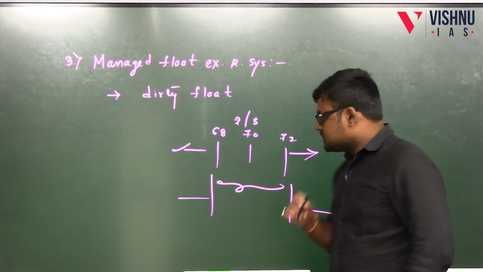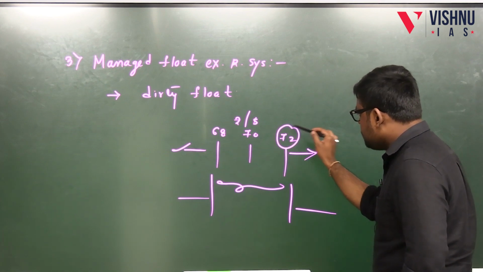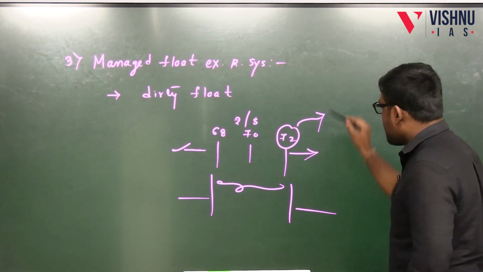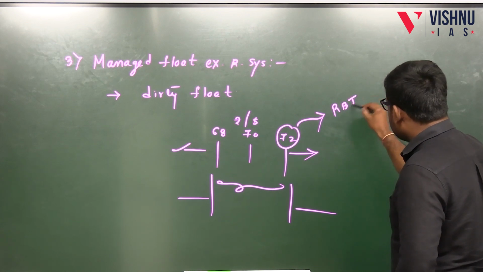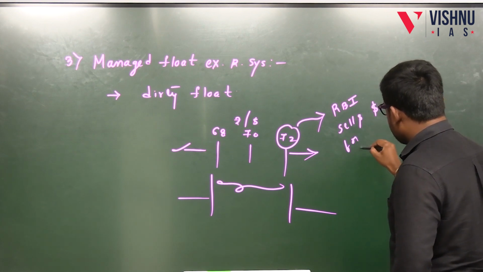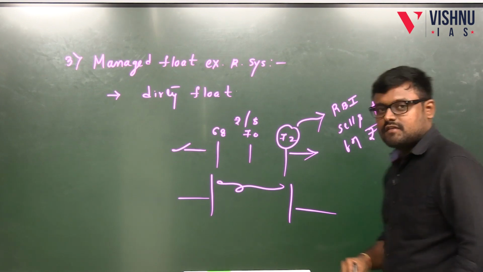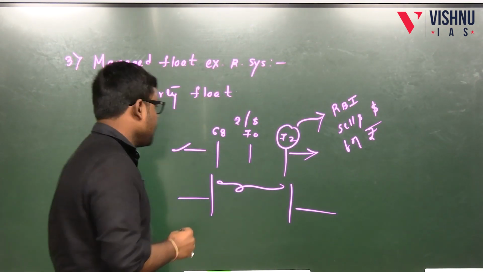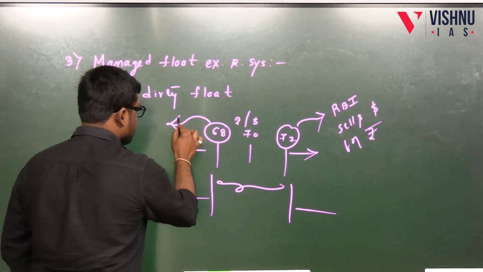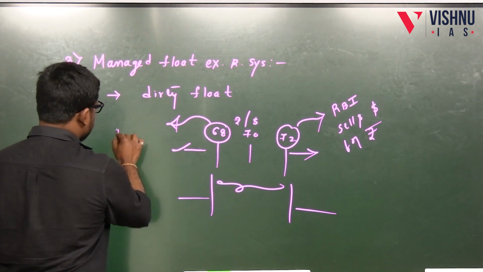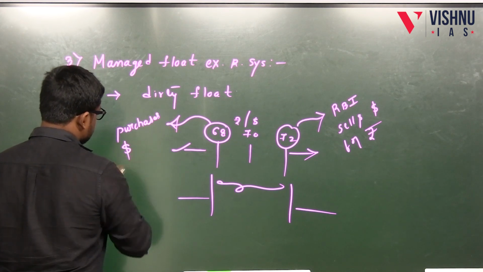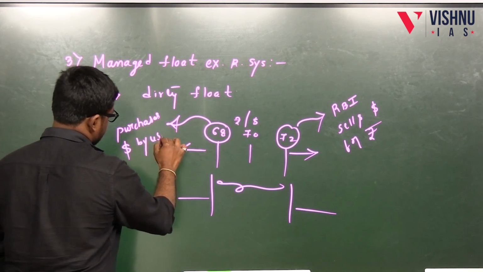Suppose the exchange rate tries to go beyond this limit, RBI sells dollars for Indian rupees. Suppose the exchange rate goes beyond the other limit, RBI purchases dollars by using Indian rupees.